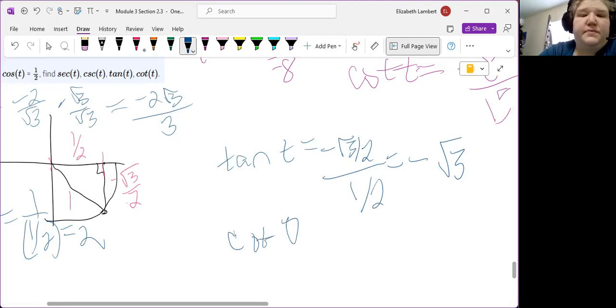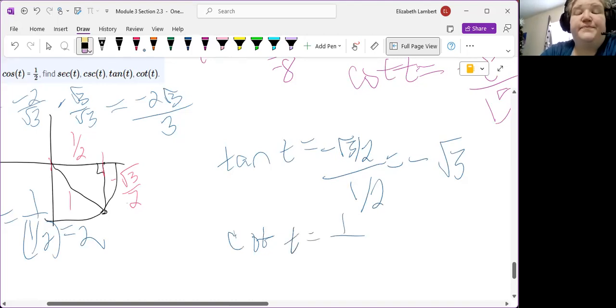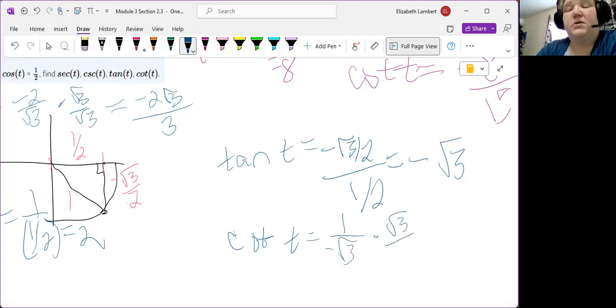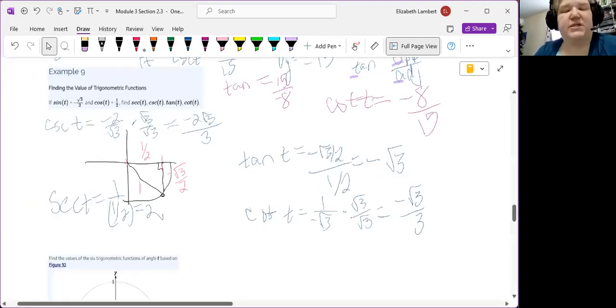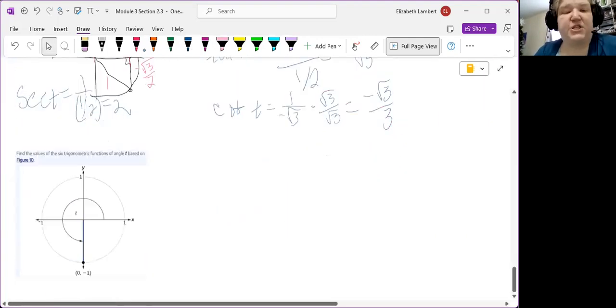And then the cotangent of t is the reciprocal of that, and we rationalize. So we have the negative square root of 3 over 3. So that is just finding all our trig functions, given a couple pieces of information.